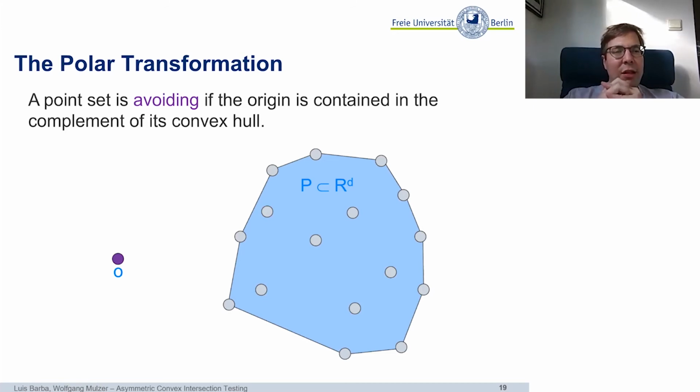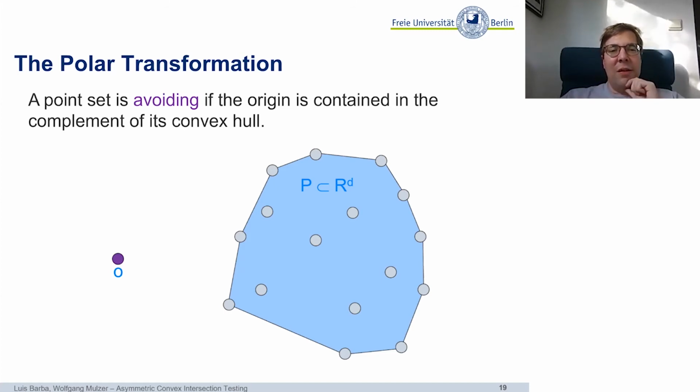Yes, and now let's look at some interesting properties of this polar transformation that will be useful for our setting. Let me give you some definitions and some properties of how this polar transformation plays together with convex hulls.